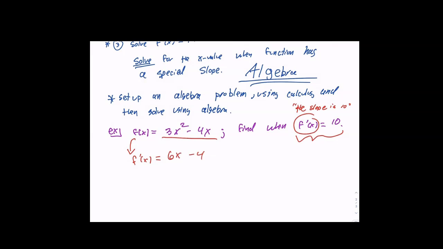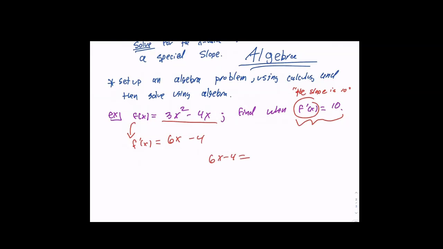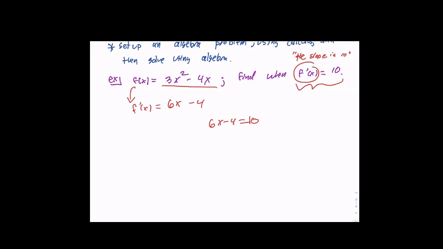That's it, 6x minus 4. And now 6x minus 4 equals 10. We found the derivative, and the derivative is equal to 10. That's the power rule, and we set that equal to 10.